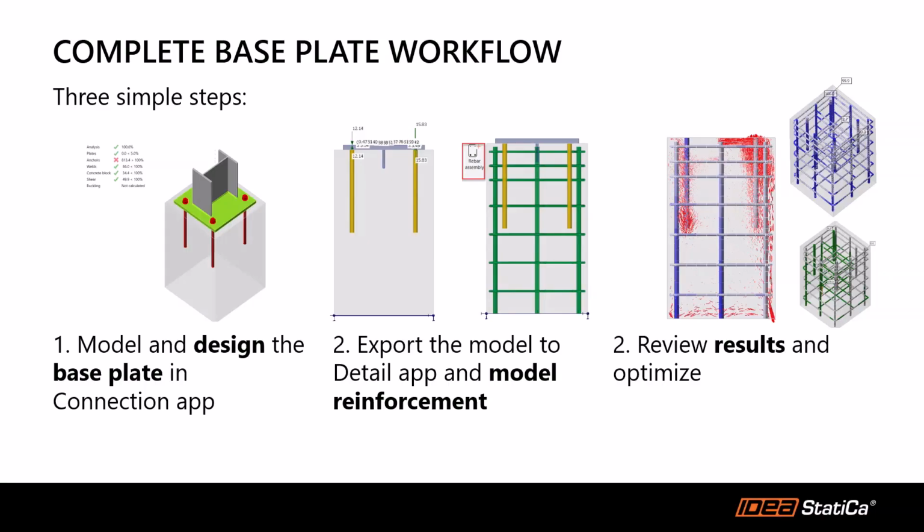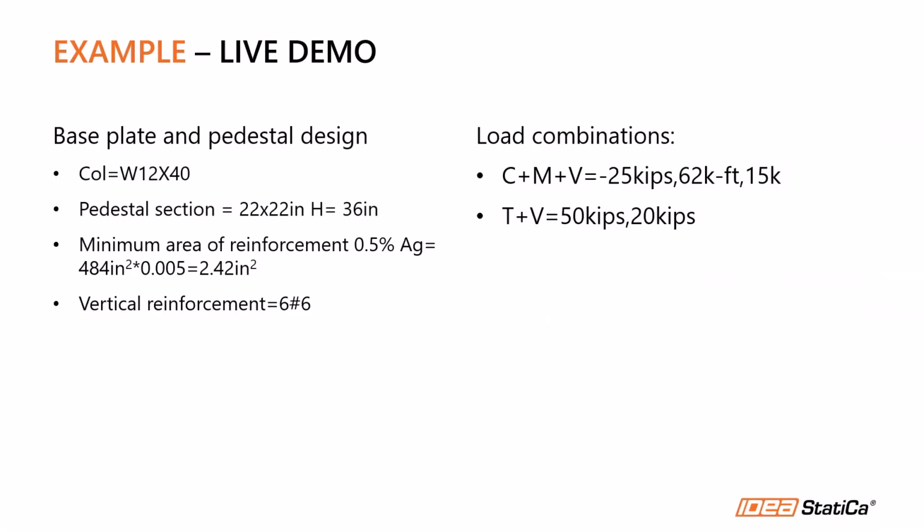Now let's jump into this live demonstration. To give you some background, this is the example I'm going to work on. I am going to design the base plate and pedestal for a column that's 12 by 40. So we have this pedestal section, and we determine that our standard vertical reinforcement to cover the minimum area of reinforcement is 0.5% of the area.